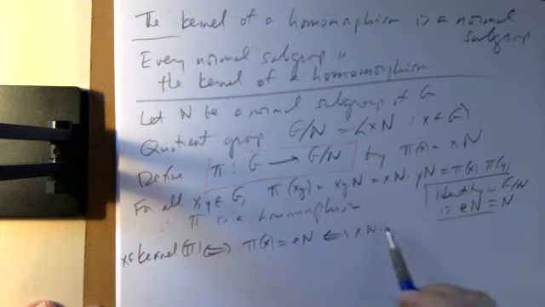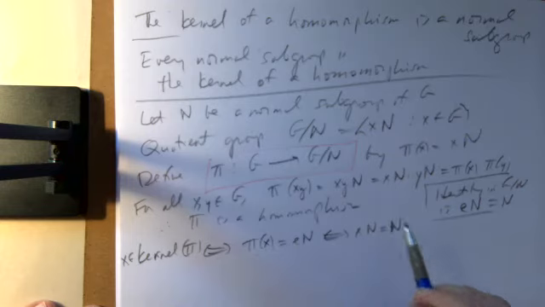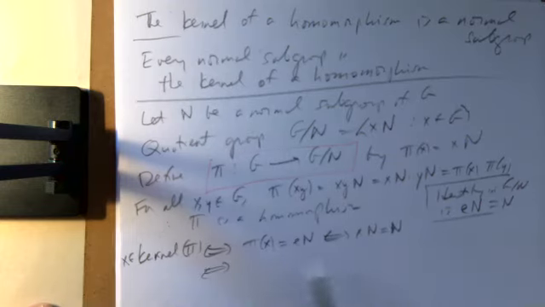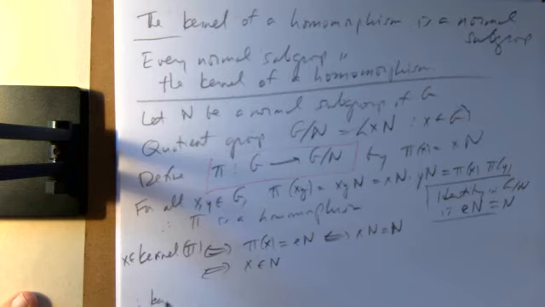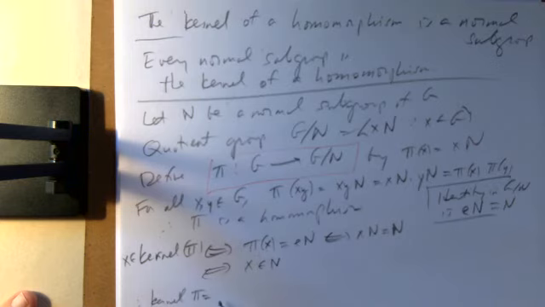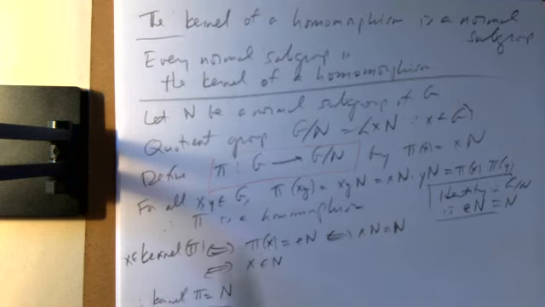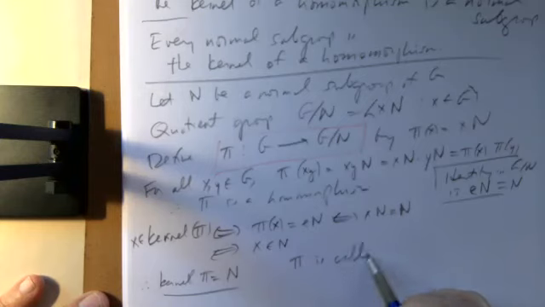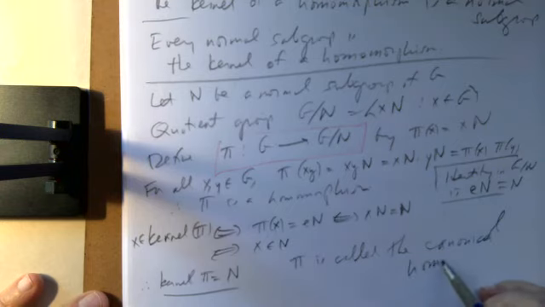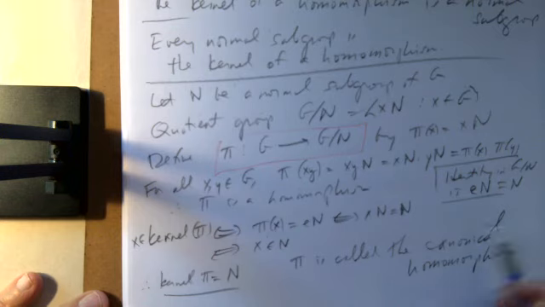But pi of x is xN, so if and only if xN is equal to eN, or N. And this is true if and only if x is in N. If x is in N, this is a subgroup, xN equals N. And conversely, if xN equals N, then x times e, which is x, is in N. So therefore, the kernel of pi is N. So every normal subgroup is the kernel of some homomorphism, and pi is called the canonical homomorphism.